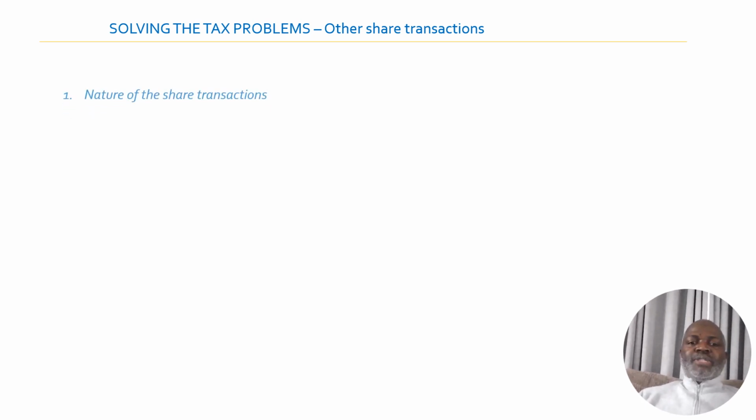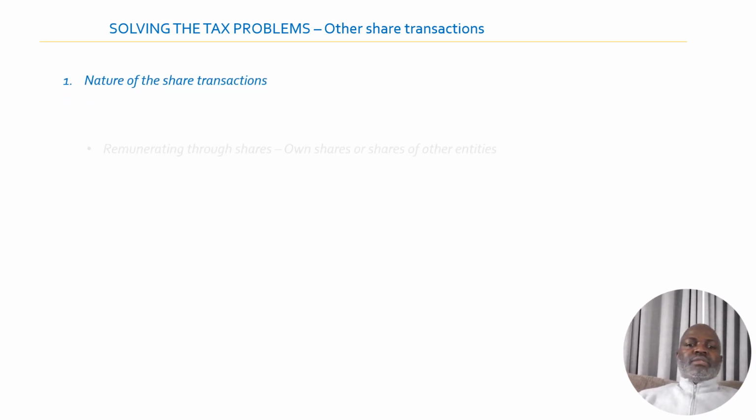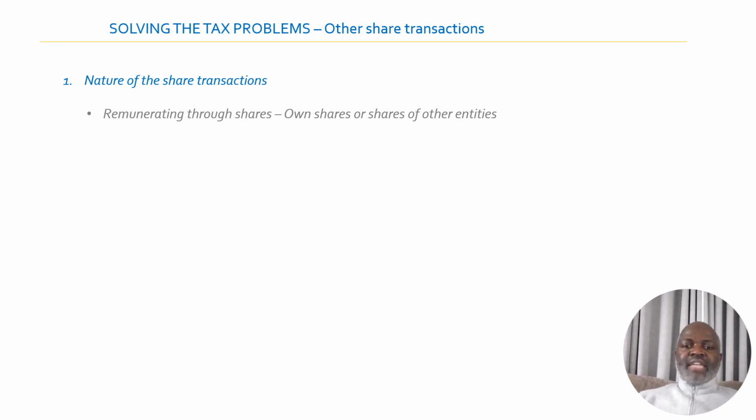So let's look at the other share transactions which are not share options. You could have a remuneration of employees by simply issuing shares, not even giving them options. And in that transaction, you could use your own shares or you can use other entities' shares.